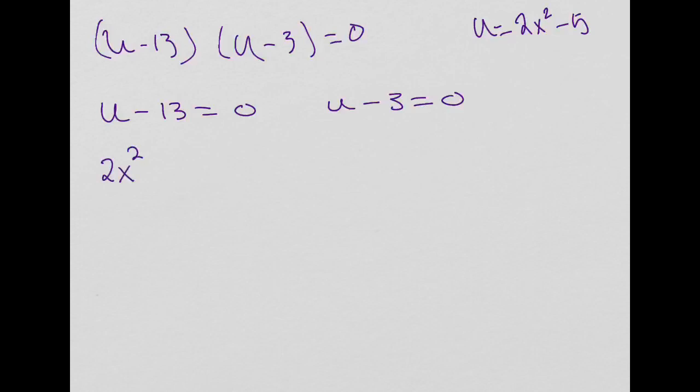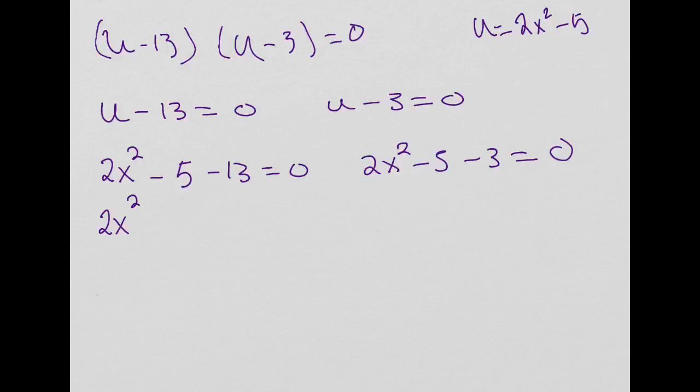2x squared minus 5 minus 13 equals 0. Oops, I'm going to write u again. Okay, and again, 2x squared minus 5 minus 3 equals 0. Now we're going to solve using the square root method. 2x squared minus, what is that? 14, 15, 16, 17, 18 equals 0.